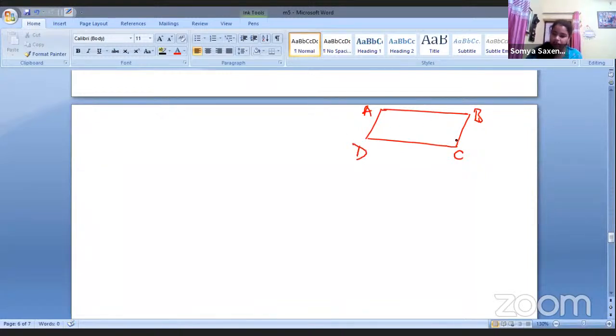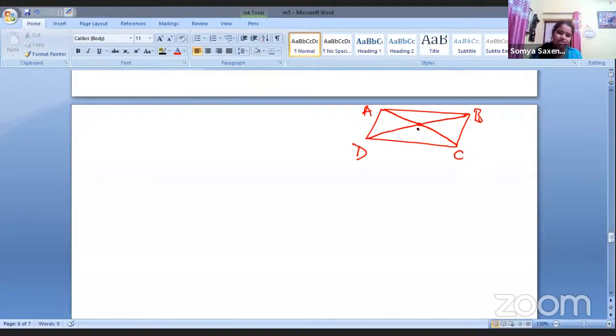So here we have a parallelogram, and I drew these, which are known as diagonals. I drew these just to tell you that you will need them. So what happens in a parallelogram is that if these two diagonals are there, they're cutting at this point.